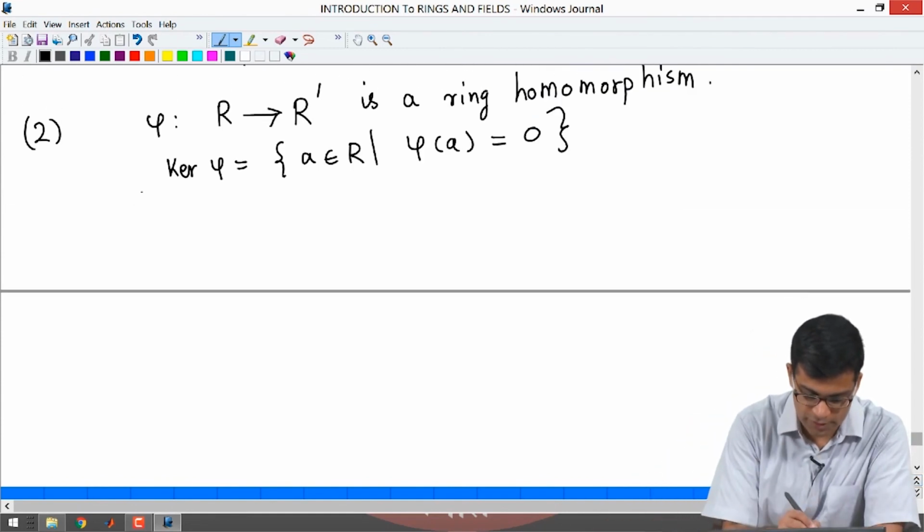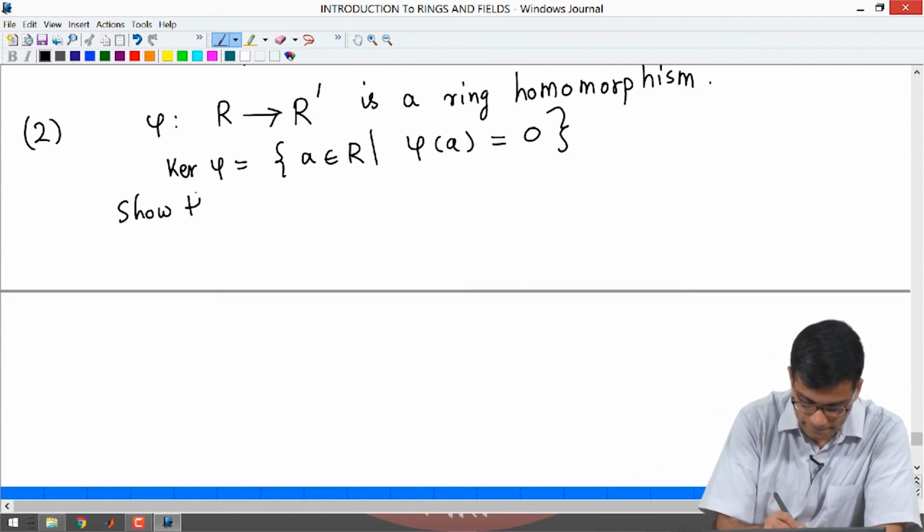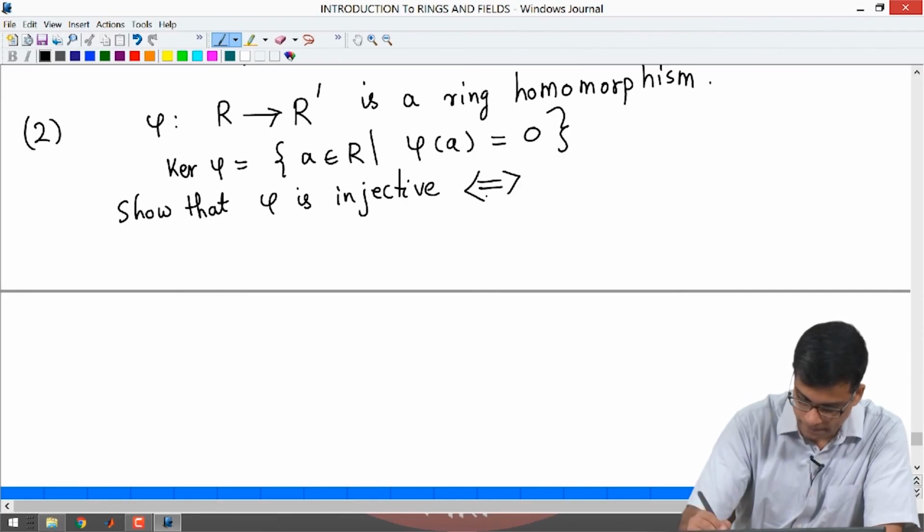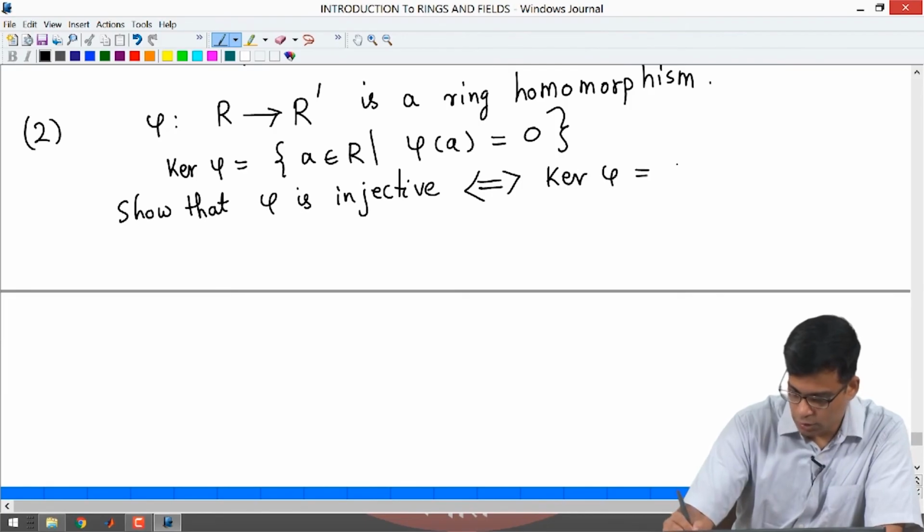So, the problem here is to show that phi is injective if and only if kernel phi is 0.